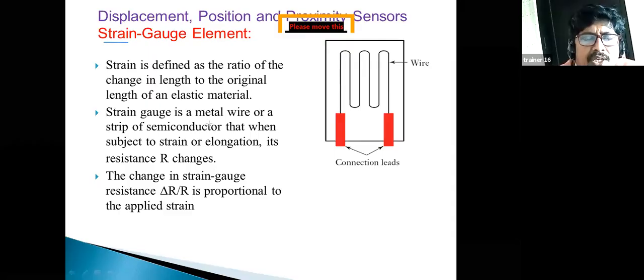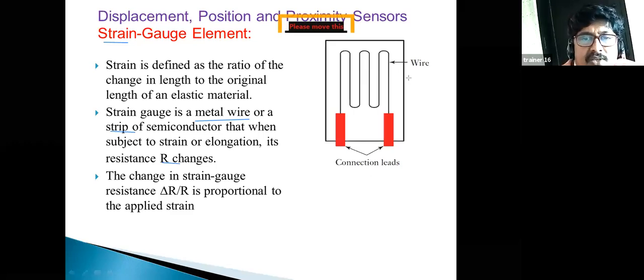The strain gauge is a metal wire or a strip of semiconductor that is subjected to load. Only when subjected to load does the strain develop, and this strain is measured in terms of resistance.